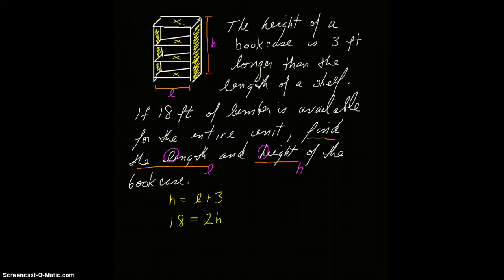So I actually have 4 pieces of wood I need for the top and the 3 shelves, so 4L. So now I have 2 equations and 2 unknowns. Let's see how to solve that. Let me rewrite them for you.